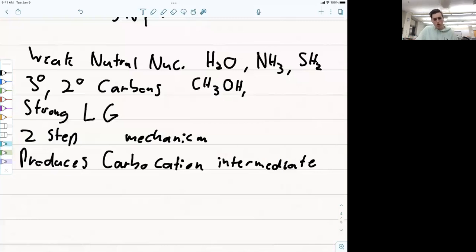The other thing we're looking for is a strong leaving group. Again, we won't really talk too much about that until after the exam, but something like iodine is a really good leaving group. Another one is OTs. It's a very good leaving group. There's a few other ones, but you're just looking for something that's very electronegative, and that's going to be your leaving group. It's a two-step mechanism, so we have coordination and heterolysis with a carbocation intermediate.